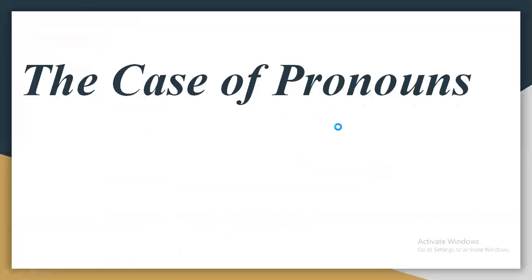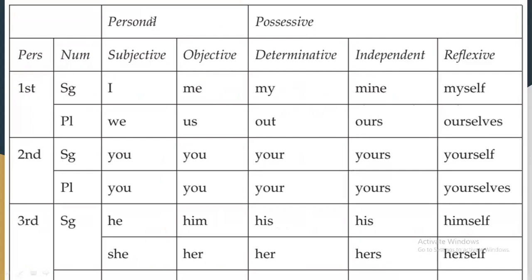So pronouns also you can see. We know that there are first person, second person, and third person. These are person. And you can see singular also, plural also, number, and their position: subjective, objective, determinative, independent, and reflexive. So these are changes only.